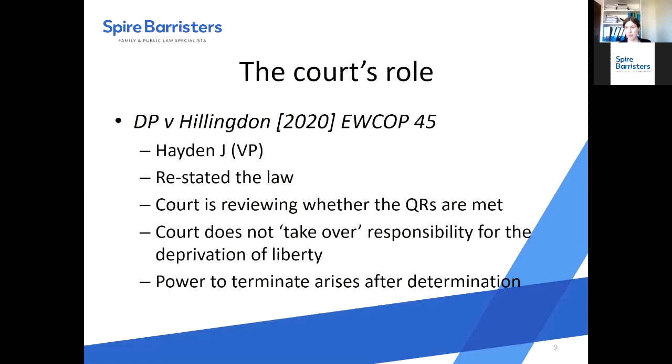Of course, it's always preferable for there to be fresh or renewed standard authorisations for all kinds of reasons. In these sorts of cases, it may be that P is being visited by numerous people, OTs, their own solicitor, being assessed by different types or various care homes, and the additional assessment process that a standard authorisation process requires can be slightly overwhelming. And so it can be useful from P's perspective to have the standard authorisation extended.